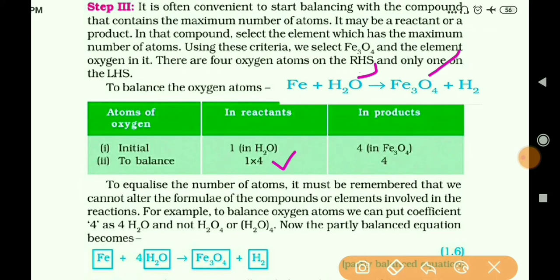So it becomes a partially unbalanced equation: iron plus 4 water molecules forms iron oxide and hydrogen as it is.